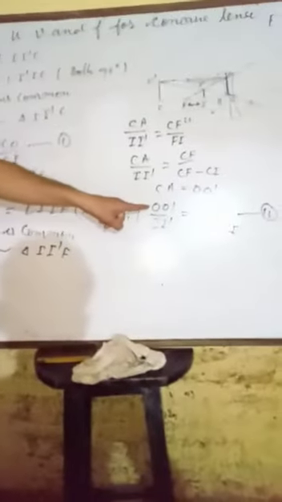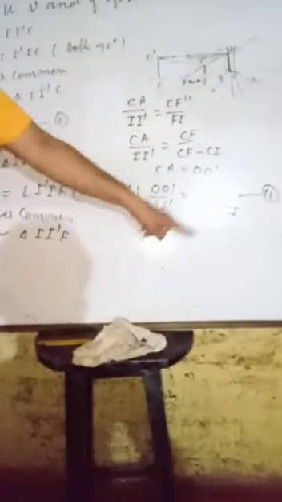From equation number 1 and 2, we can see that the left hand sides of these equations are equal, so the right hand sides will also be equal.